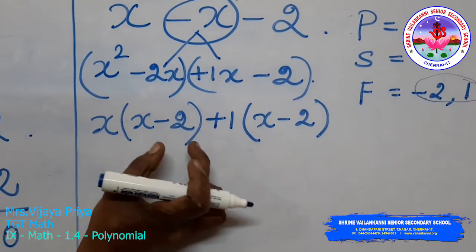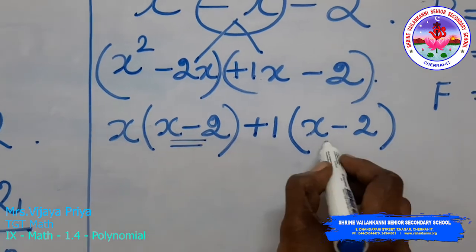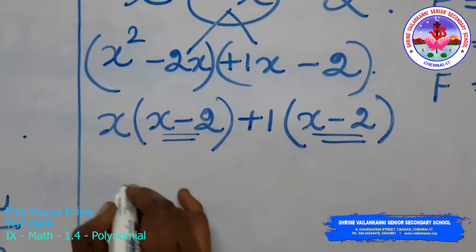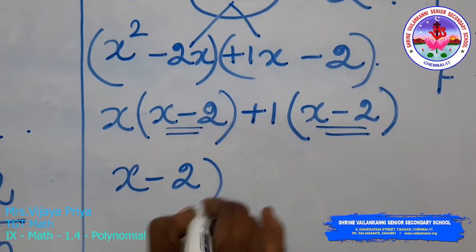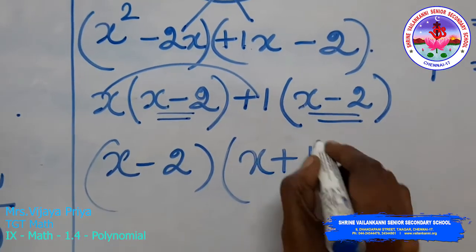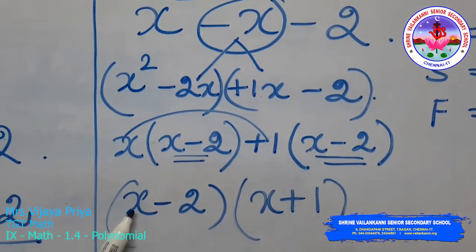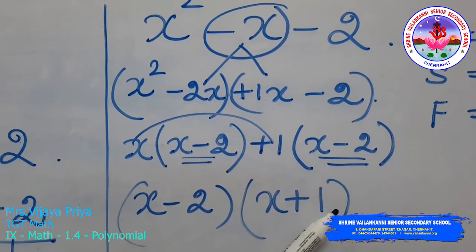Here x minus 2 and x minus 2 are equal. So taking this x minus 2 as a common, we will be having x plus 1. So I have factorized my quadratic polynomial as x minus 2 and x plus 1.